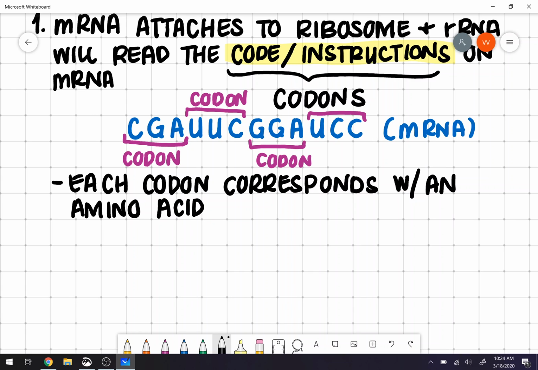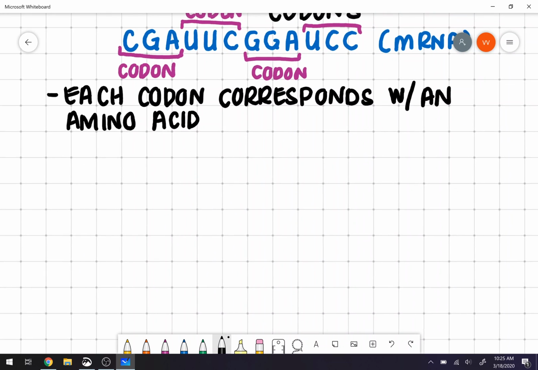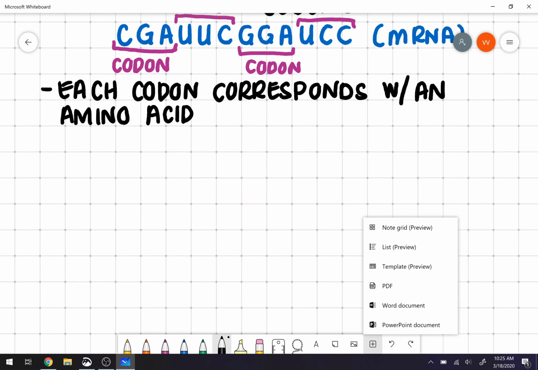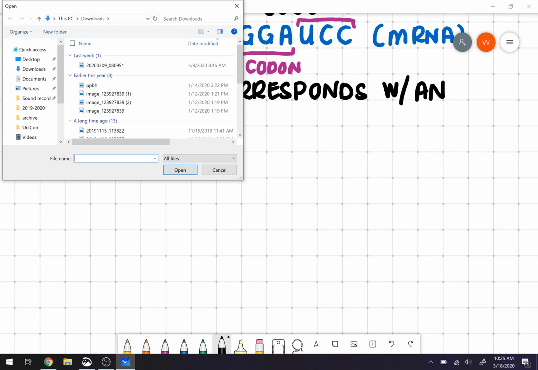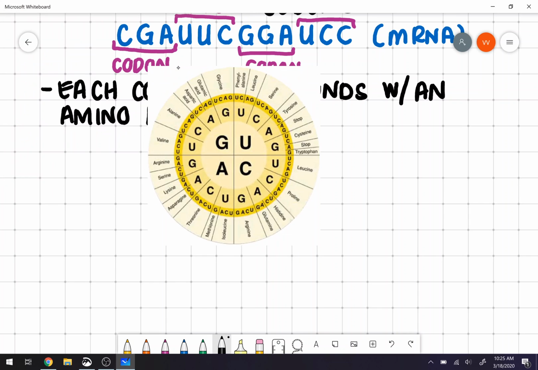Okay. How does the ribosome know which codons go with which amino acid? Well, this is where the chart comes in.